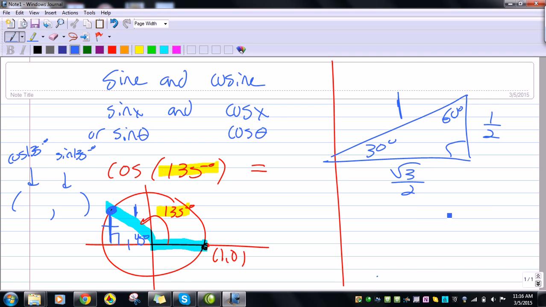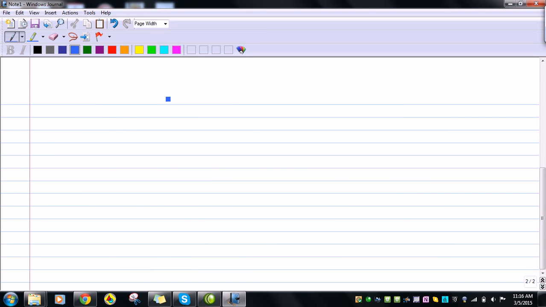The other triangle, which we have not yet considered, would be a 45, 45, 90 triangle, which we need for this problem. Now recall the hypotenuse is 1 because we're dealing with a unit circle. The radius is 1. The radius will be the hypotenuse of your reference triangle always. And so what I asked you to consider is, how on earth do we get these other two sides? So I'm going to move down to the next page.